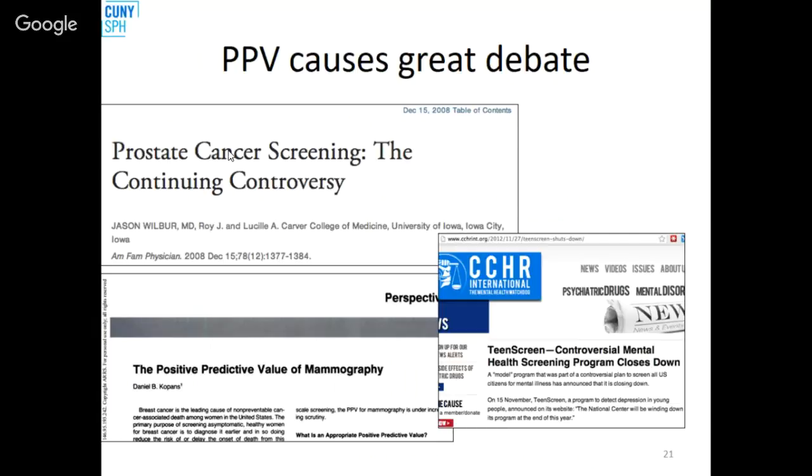And just because the test performed well on higher risk populations does not mean that it's going to have that same performance going to lower risk populations.